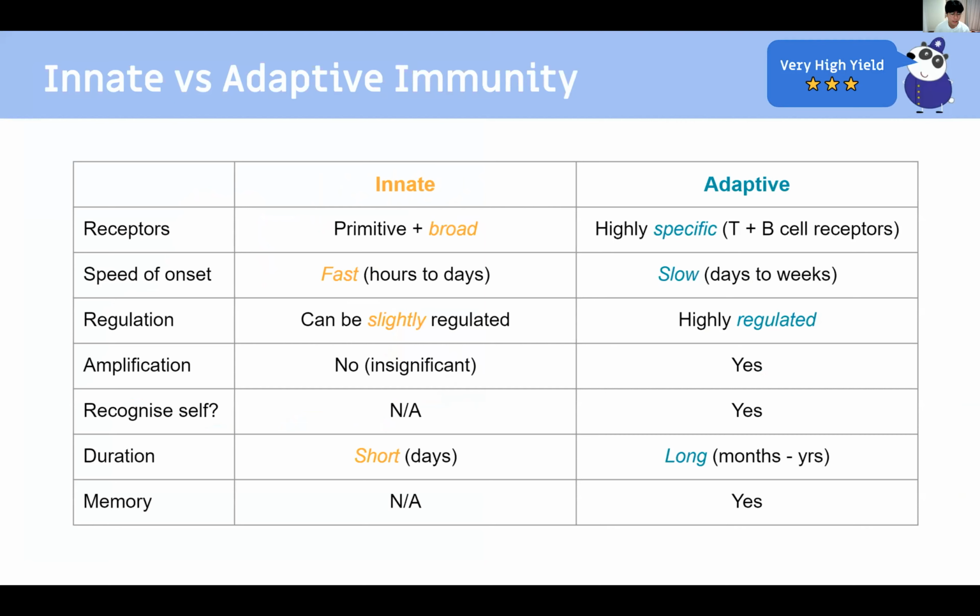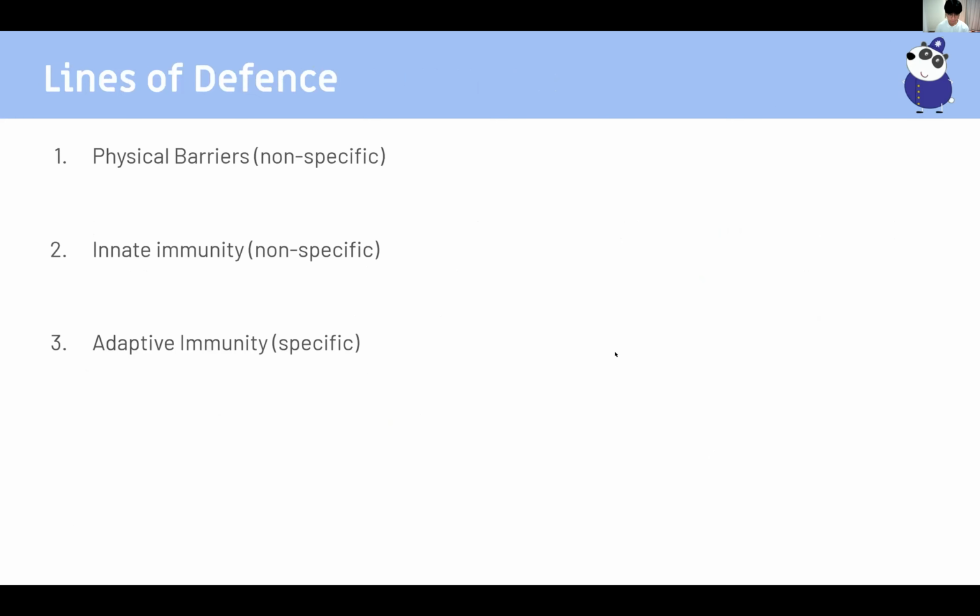Innate has a broad spectrum, and it's basically the same for any attack or pathogen, whereas adaptive is very highly specific, using B and T cell receptors. Innate is fast to act and short in duration, whereas adaptive response is slow to work but long in duration. The other ones are not that important, but they're there for your reference.